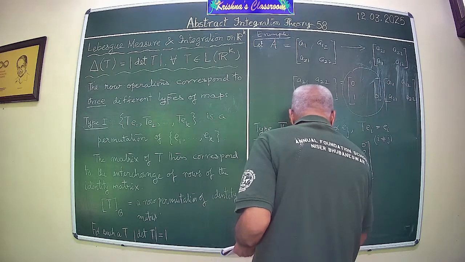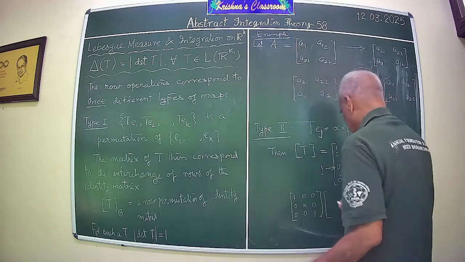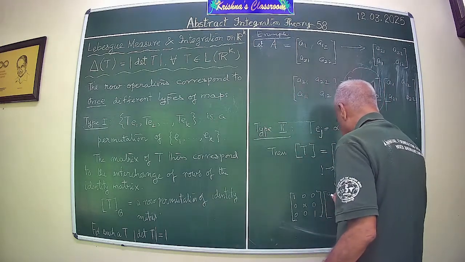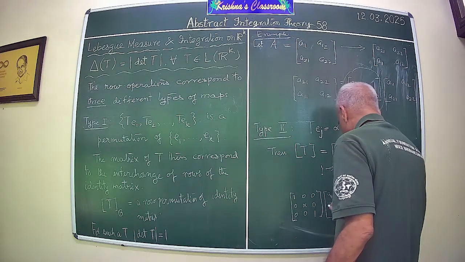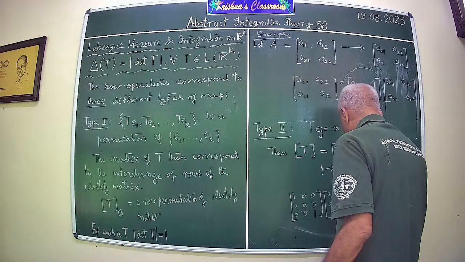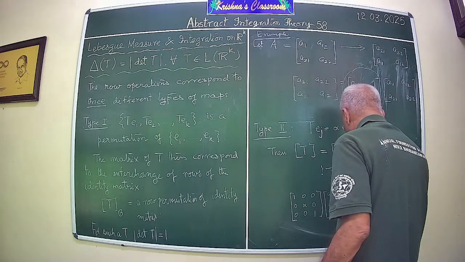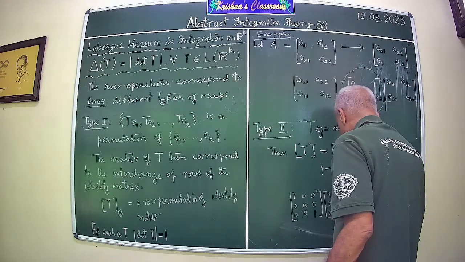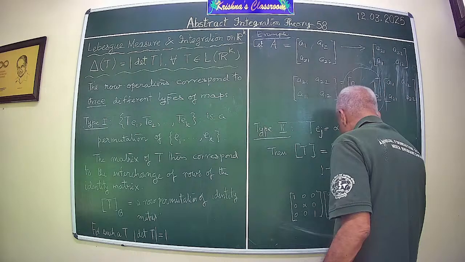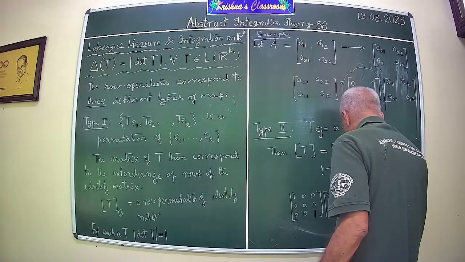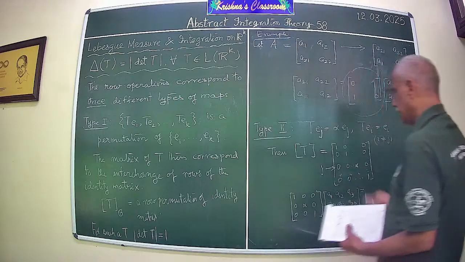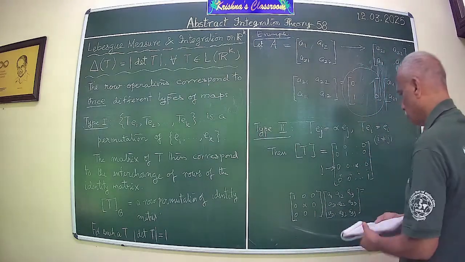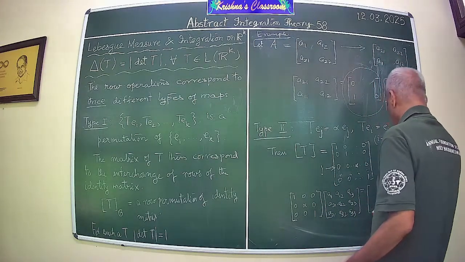Take this and multiply by say A11, A12, A13, A21, A22, A23, A31, A32. What is the change that takes place? You see that this will go as it is.